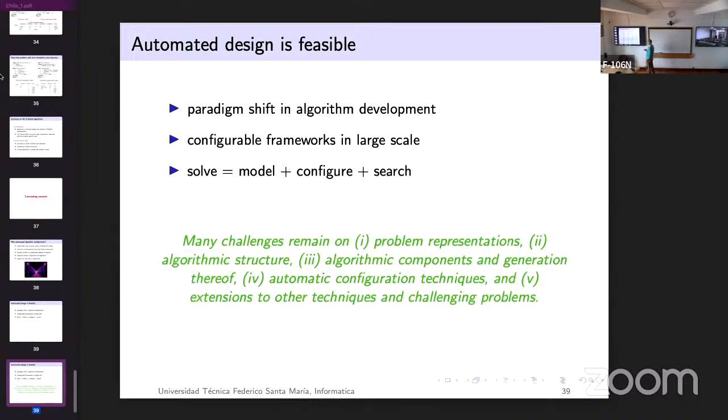And many challenges remain for proper representation, algorithmic structure, algorithmic components, and generation of components, automatic configuration techniques, and extensions to other techniques and challenging problems. With this, I'm happy to answer questions.